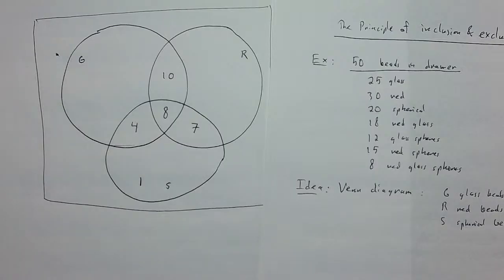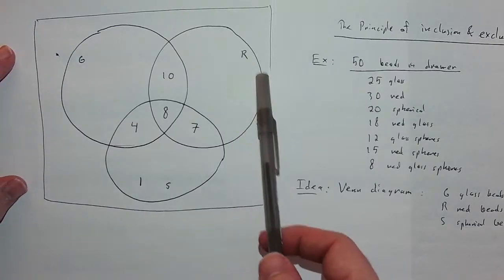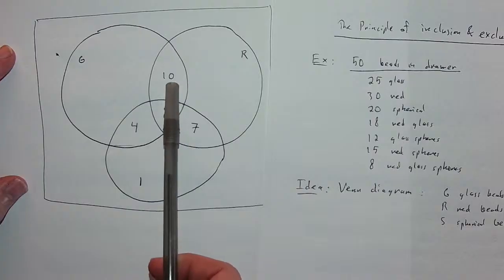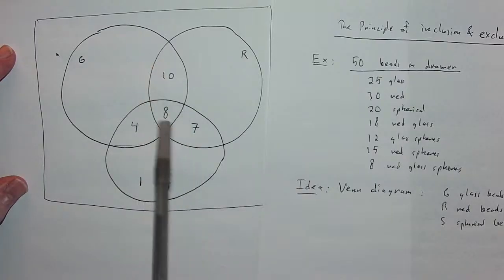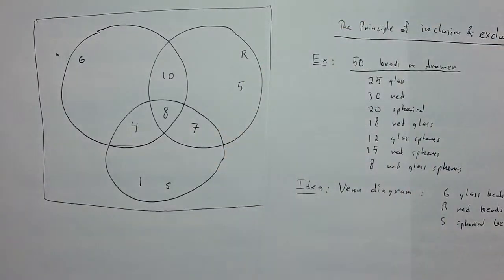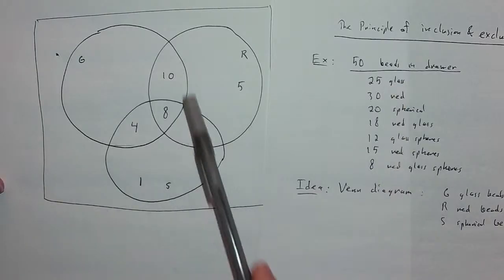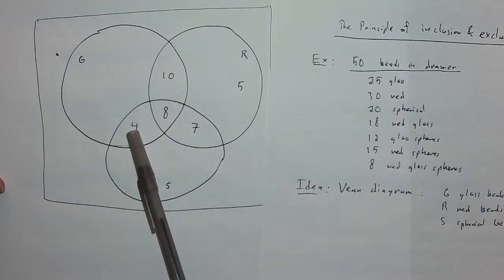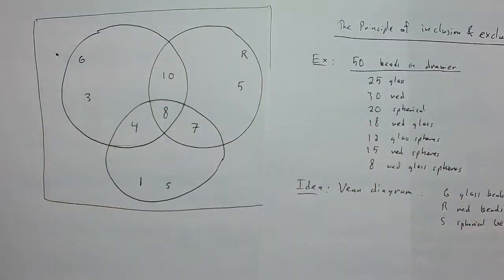Similarly, there are 30 red beads, but here's 10, here's 8, here's 7, so that's 25, so there are only 5 beads that are red but not glass nor spherical. And lastly, there are 25 total glass beads, 10 plus 8 plus 4 is 22, so only 3 are glass but not red or spherical.